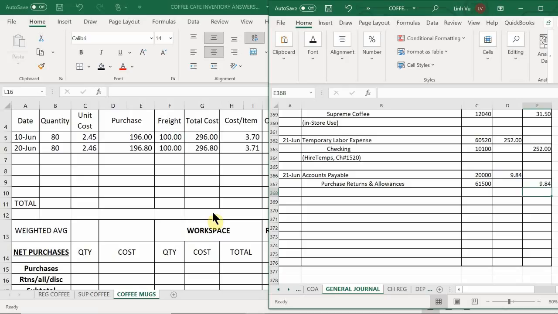So then, what should be my description? Return for broken coffee mug.